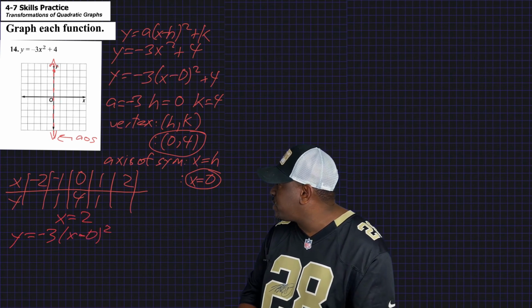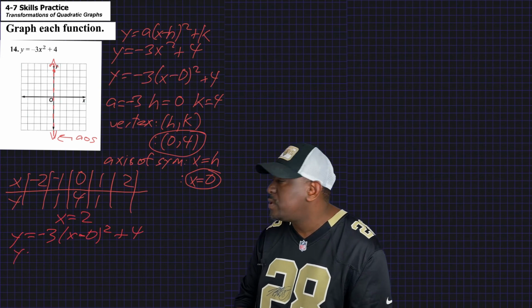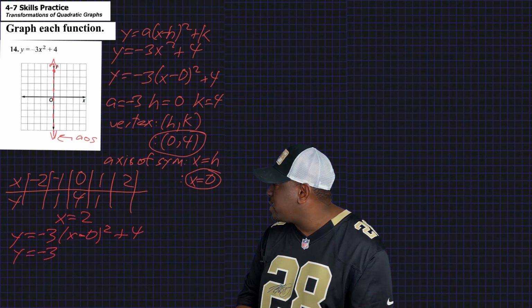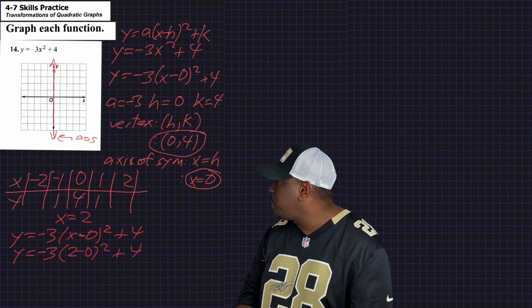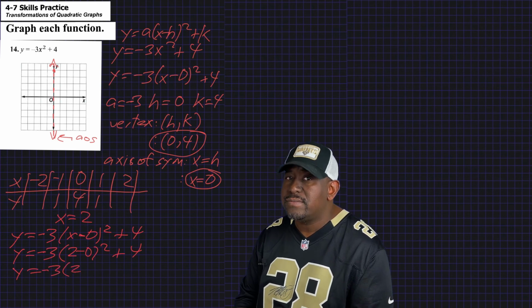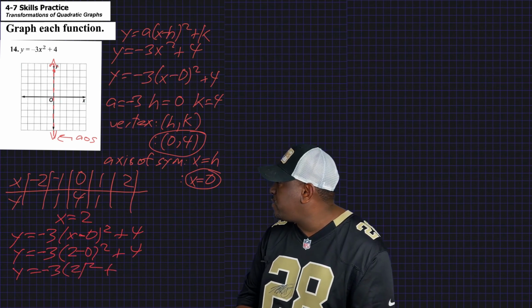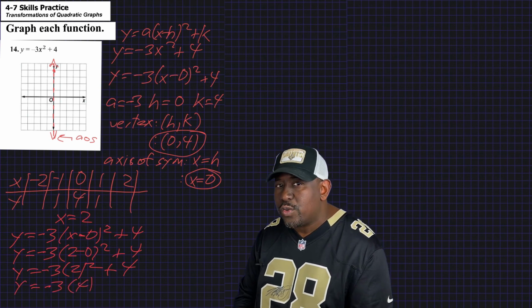And so we substitute 2 for x in our vertex form. So we rewrite it as negative 3 times (2 minus 0) squared plus 4. 2 minus 0 is what? We know that's 2. So we will have negative 3 times 2 squared plus 4. Now it's very important when you do this next step, follow order of operations.